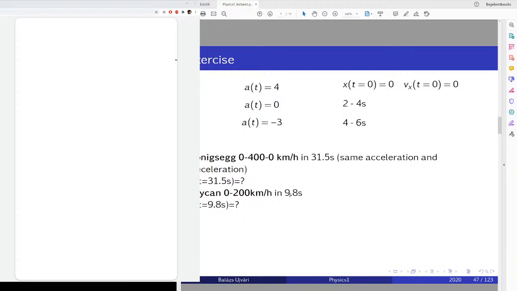Where is the Taycan when it reaches 200 km per hour? You know the acceleration, you can get the function of v(t), and then the function of the position, and you can answer these questions. So please start a doc and try to do this example at home and send it to me, even on the Discord.